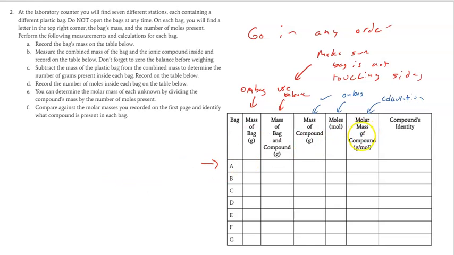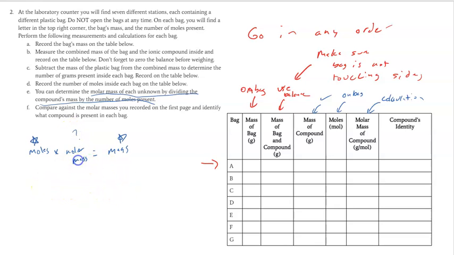The way we'll do that, it says right here: you can determine the molar mass of each unknown by dividing the compound's mass by the number of moles present. The reason we're able to do that is you've learned that moles times molar mass equals mass, the total mass of the thing. The values you're going to know from your measurements are the moles and the mass, and then our molar mass is our question mark.